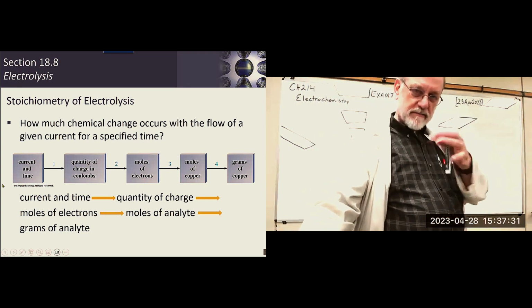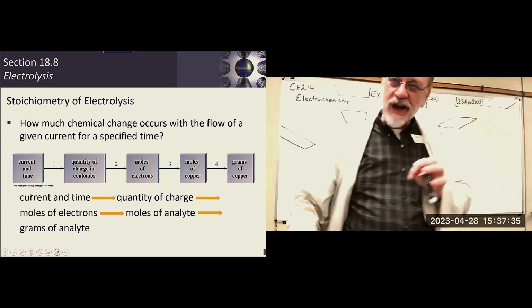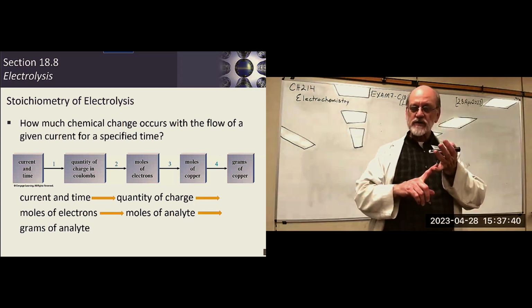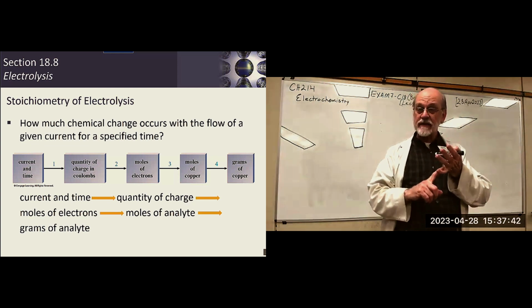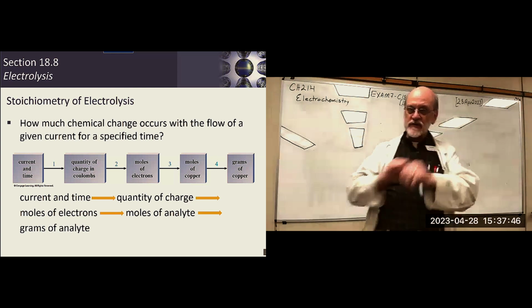All right, so here's an approach. If you're going to drive the reaction backwards, you need to know the current. In other words, how much charge is being delivered over a certain period of time. That's how many coulombs are moving.